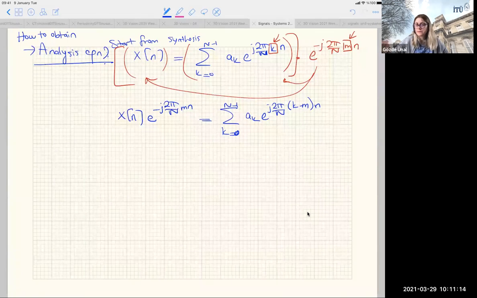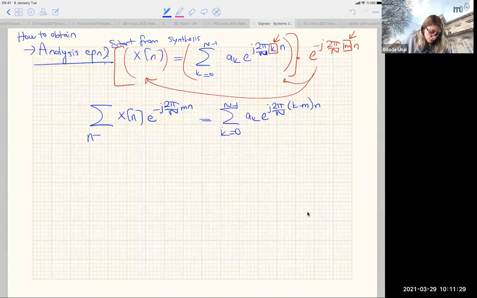I can do the exponent sum directly. Now sum it up, first in time, in one period, from 0 to N minus 1.